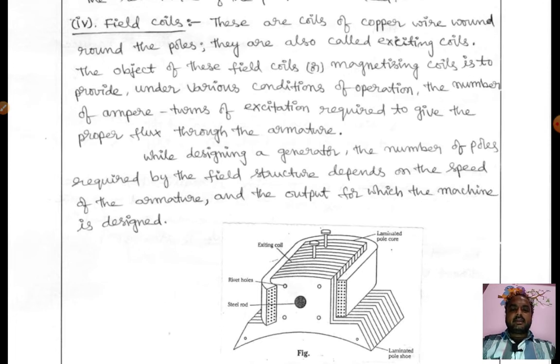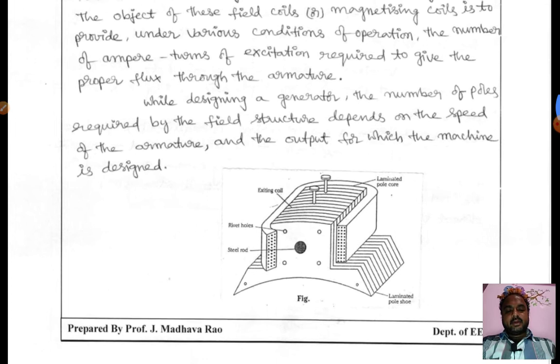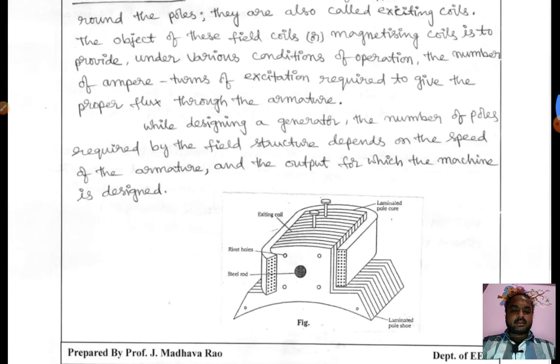While designing a generator, the number of poles required by the field structure depends on the speed of the armature. Since the speed and the number of poles are inversely proportional, when the number of poles increases, the speed will reduce. So this is one of the figures showing the pole construction of the DC motor.